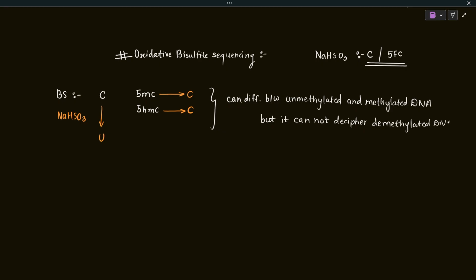By demethylated DNA, it means that it cannot recognize 5-hydroxymethyl cytosine. So for overcoming this limitation, we introduce oxidative bisulfite sequencing.